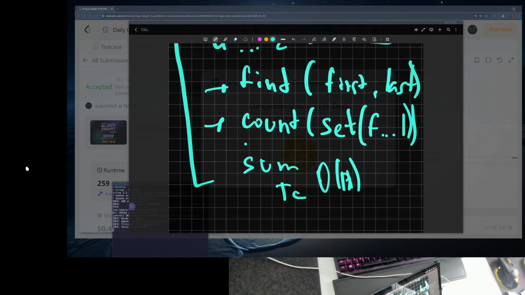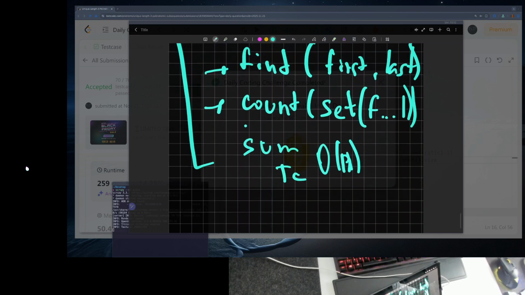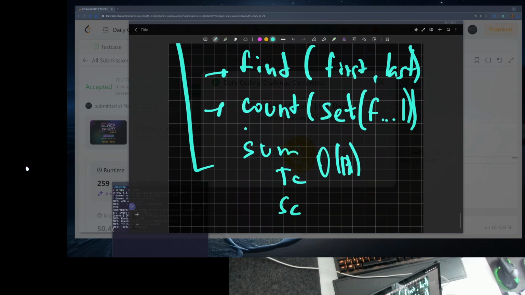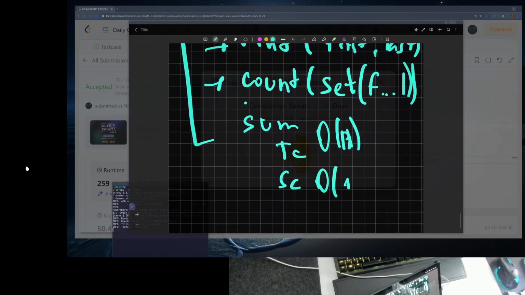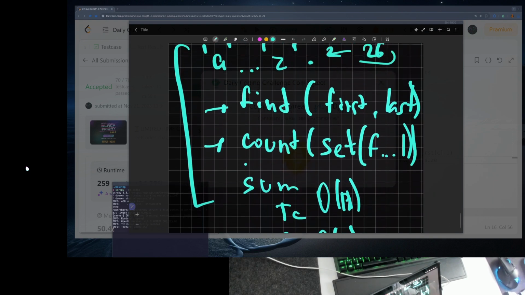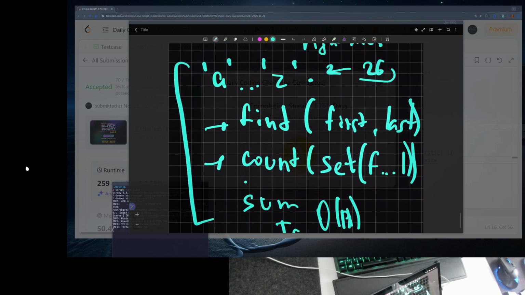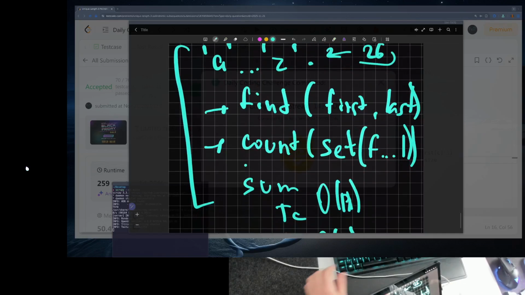So this is O of n. The space complexity can be O of 1, because we don't have to store any actual substrings, we can just use pointers.